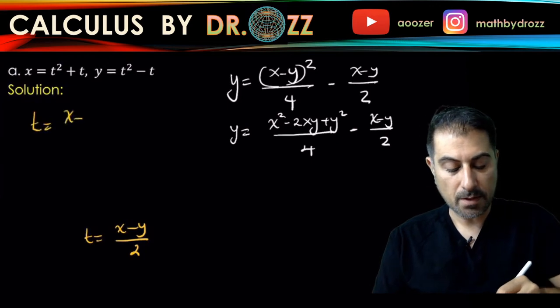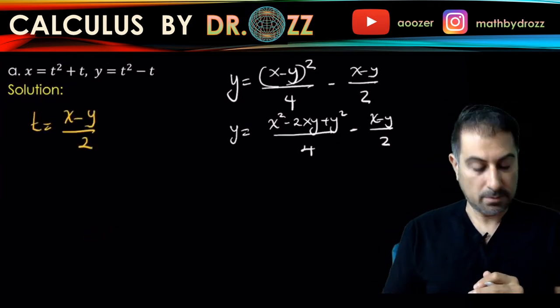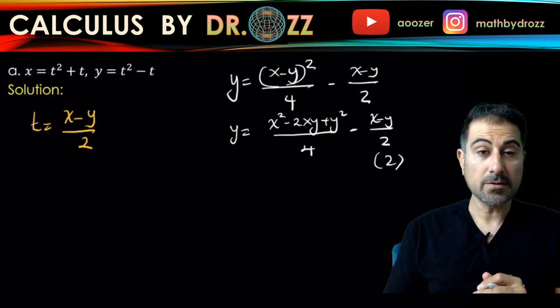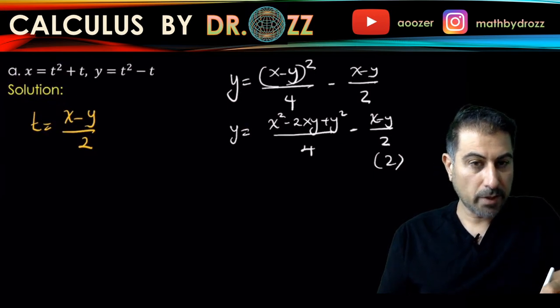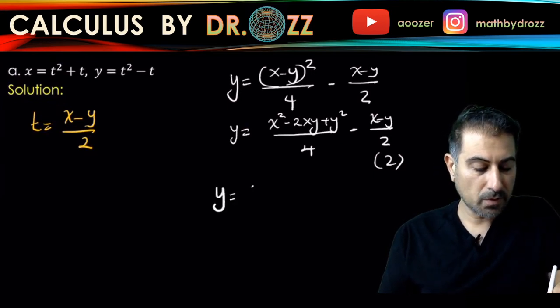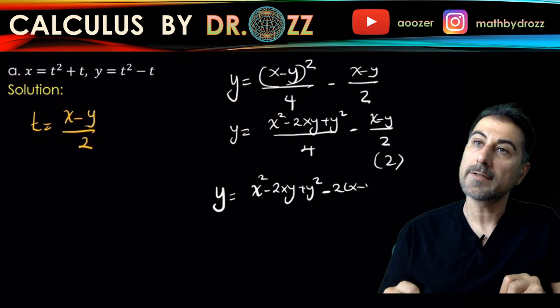The common denominator is 4, so I should multiply the second fraction, the top and the bottom, by 2, so that y is x squared minus 2xy plus y squared minus 2(x minus y), all divided by 4.